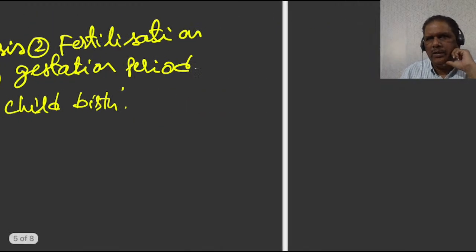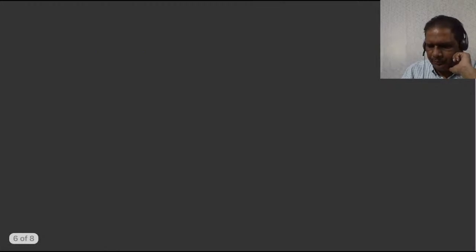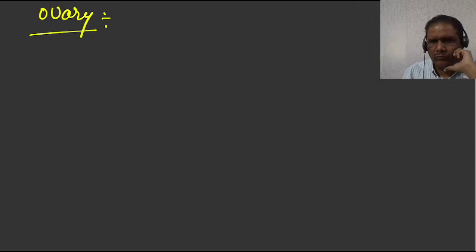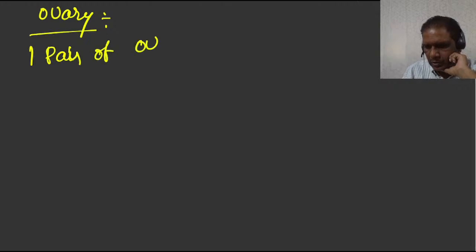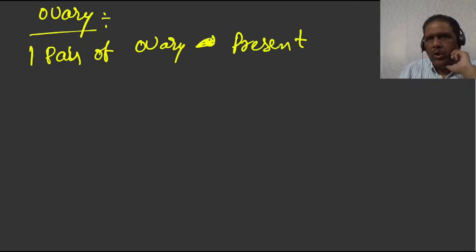First we can take the ovary. One pair of ovaries is present in the lower abdominal cavity.